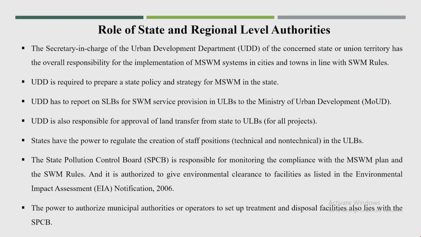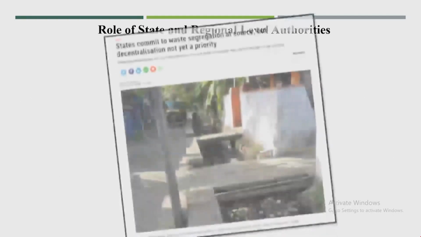The power to authorize municipal authorities or operators to set up a treatment and disposal facility also lies with the State Pollution Control Board. So, I think this is a very important role for state and regional level authorities, especially the urban development department. The secretary plays the major role here, after that for implementation ULB is the important one, and for monitoring the State Pollution Control Board is an important stakeholder.